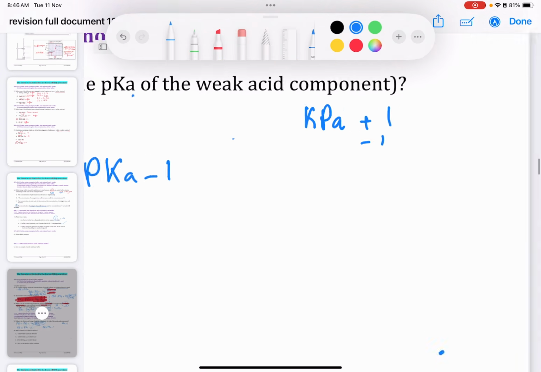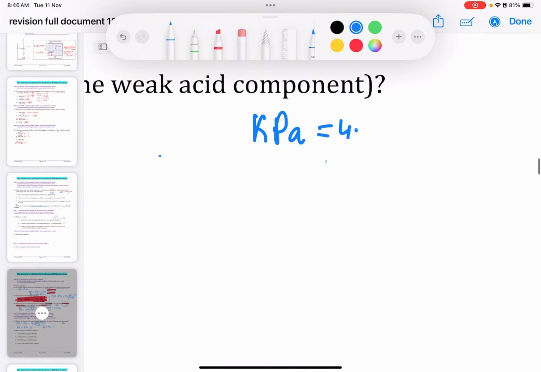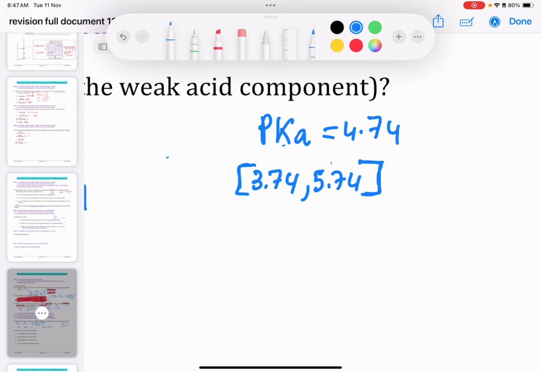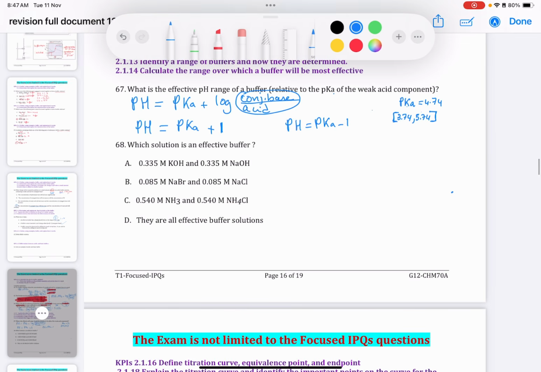In our previous question, the pKa given was, oops, I wrote kPa, it's pKa, so it is 4.74. So what is the range of this buffer? From the -1 to the +1, 5.74. So this buffer can only work and change pHs between those two values. Beyond those two values, the buffer is not anymore effective.